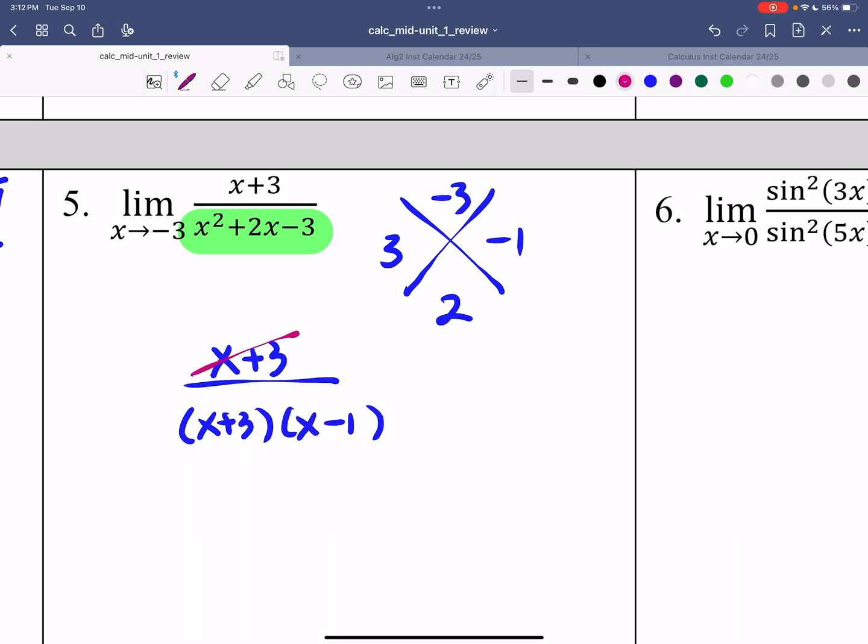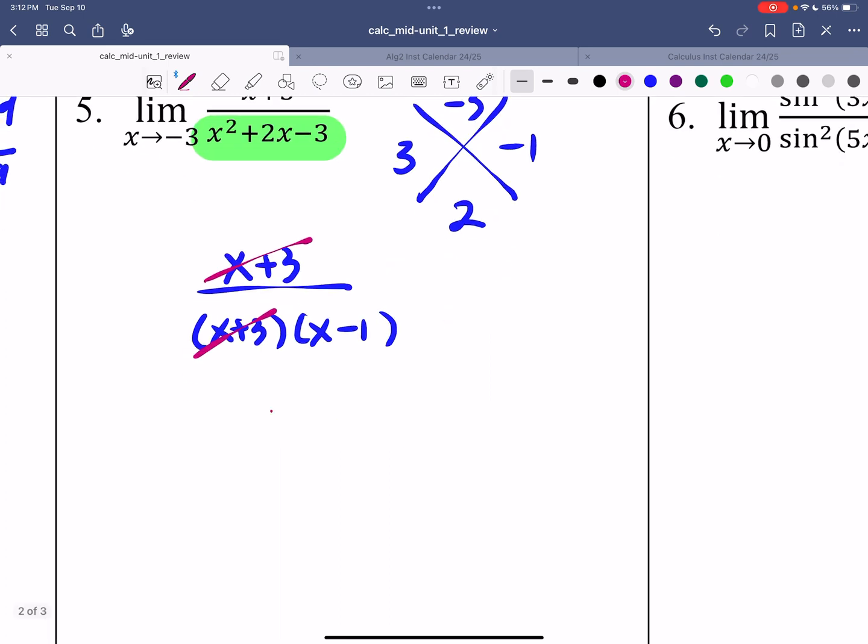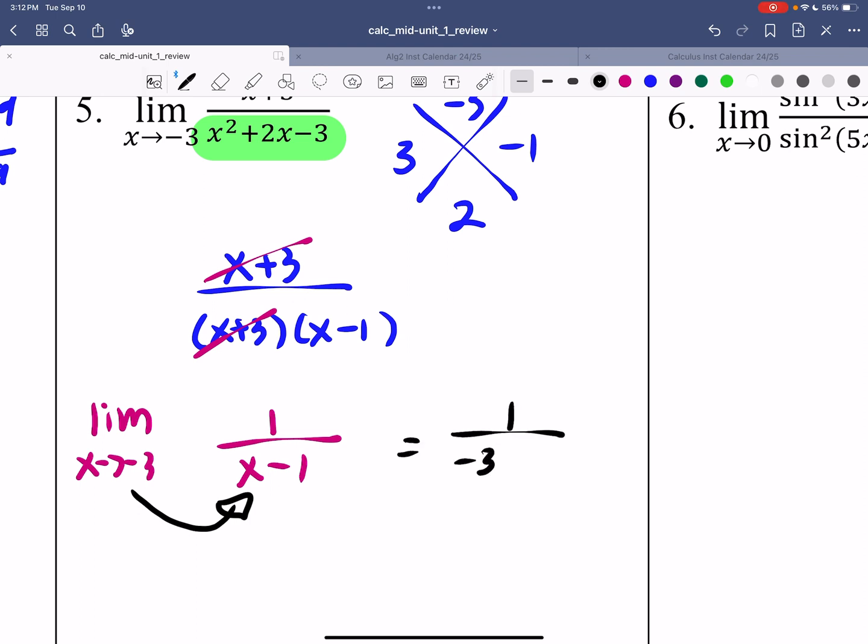As you can see, I can cross this one out. So I have 1 over x minus 1. Now it's safe to plug -3 in, because that's not going to give us 0. So I get -3 minus 1, which is 1 over -4.